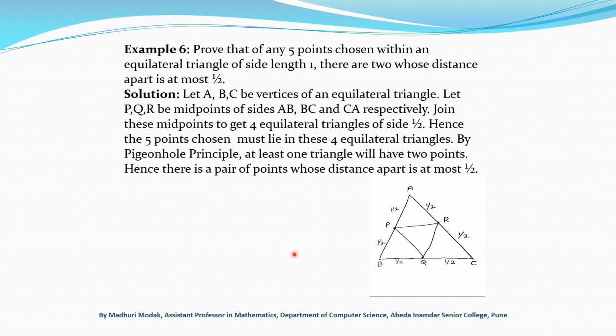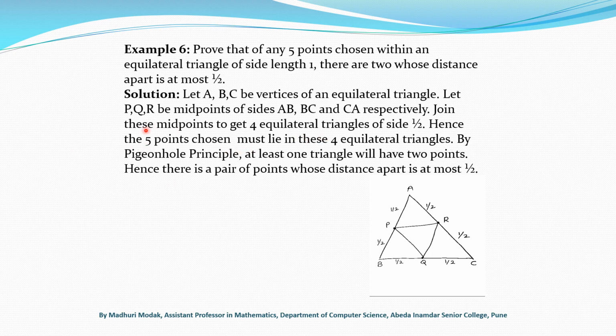So AB has side length 1, but at the midpoint we get AP and PB each of length 1/2. In the same way Q is the midpoint of BC, so the lengths of BQ and QC are the same, that is half. And in the same way AR and RC each have length 1/2.